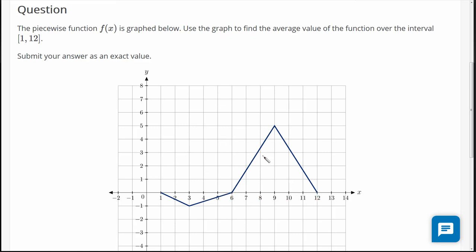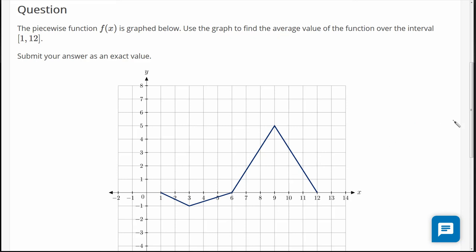You can sort of see that the function maxes out at 5 and it bottoms out at -1, and for half of the time, it's negative. For the other half of the x values, it's positive, and it goes a lot more positive than it does negative. So we might expect the average value to probably be a positive number.